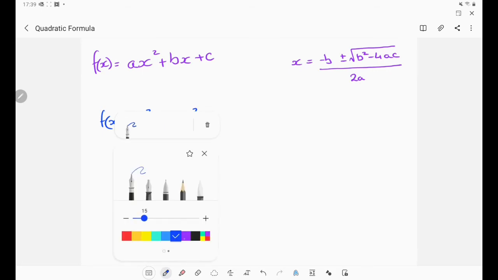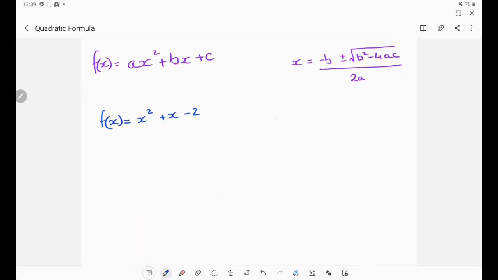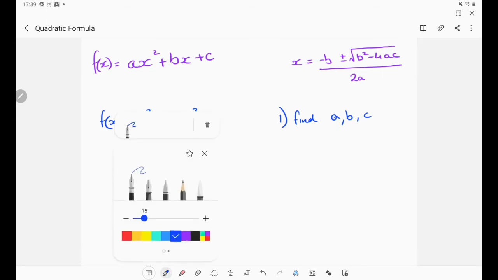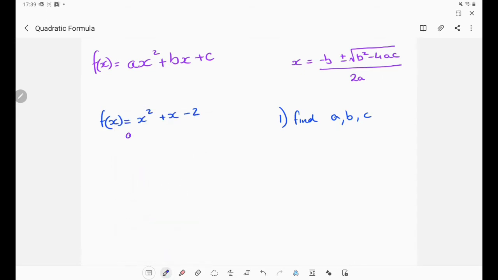Now step 1 is going to be find a, b, c. So we look back and we say, well, a is the bit in front of x squared, so that's 1. B's in front of x, so that's going to be an invisible 1. And c is minus 2 at the end.